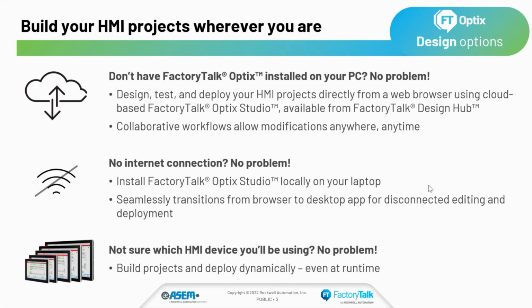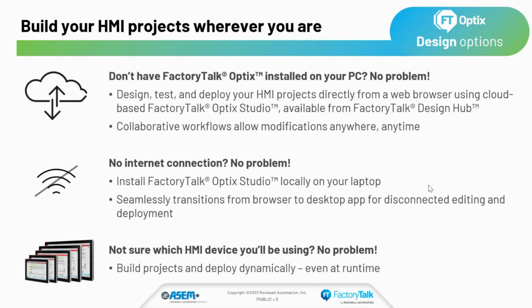Not sure which HMI device to be using? No problem. The HMI applications developed through FactoryTalk Optix are dynamic, meaning that once you build the FactoryTalk Optix application, you can essentially download that application and the runtime to any computer with a screen. It could be an industrial PC, like an OSM PC, or a third-party PC.